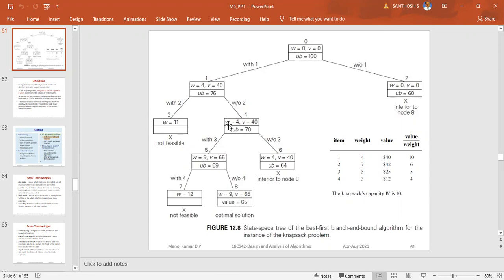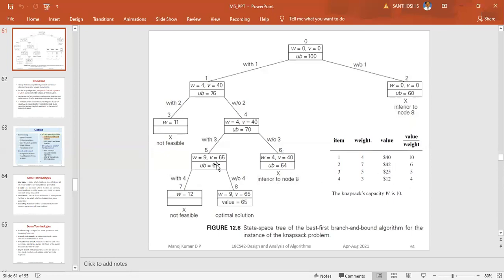So you have W equals 4, and yes, it is feasible. Now you choose with 3 and without 3. With 3, 2 you have not taken, so 4 plus 5 is equal to 9 and its value is 40 plus 25 is equal to 65, with upper bound 69. Without 3, W equals 4, V equals 40, upper bound is equal to 64. Is any value greater than 64?